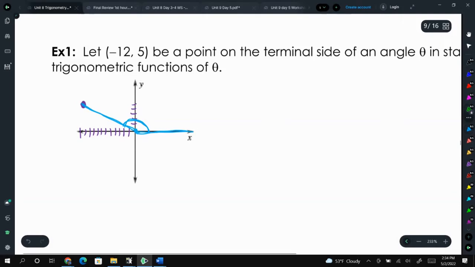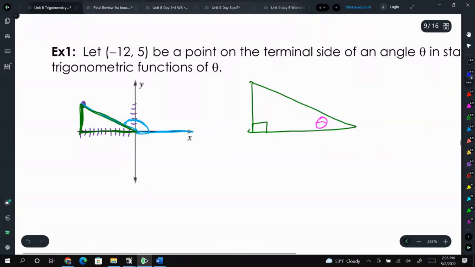What we're actually going to do is create a triangle right here to the nearest x-axis, which in this case would be down. So this triangle is going to look like this, and it's a right triangle. This is theta right here.